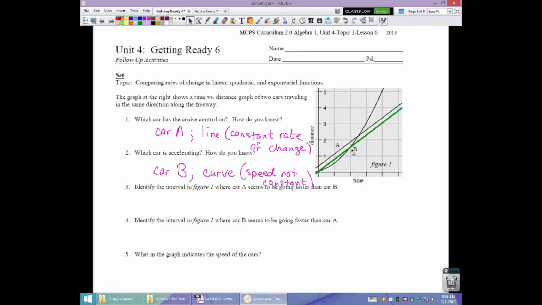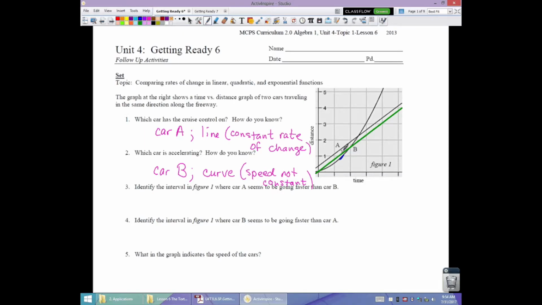Again, it's not about where they intersect, but where the curve became steeper. And it's not an exact science here. We're just trying to use our judgment. I feel like the curve is less steep as I read left to right until about right in here somewhere, and then it seems to be steeper than the green line.